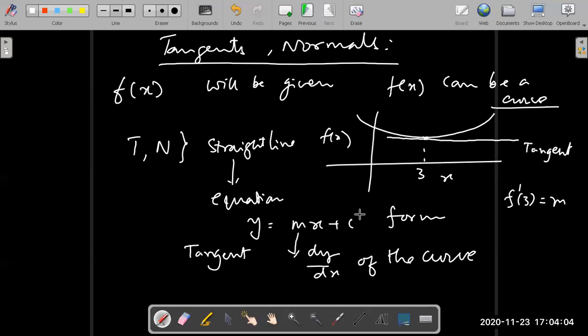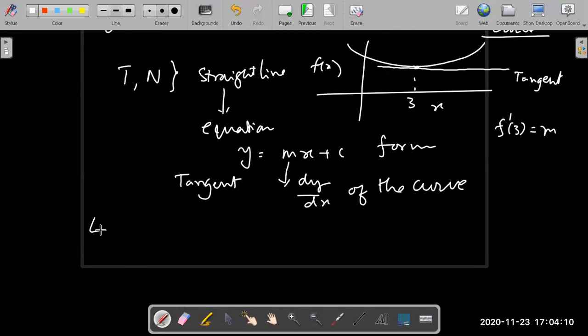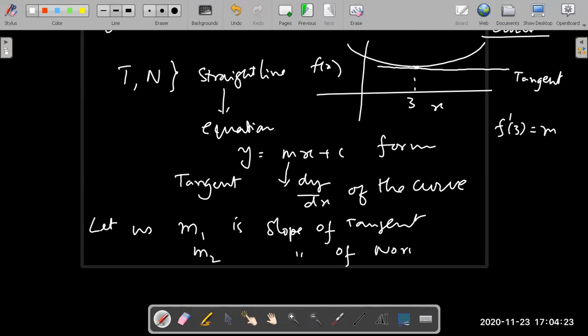That is the important thing. Let us suppose we already found the tangent equation, and let's say m1 is the slope of tangent, m2 is the slope of normal. What is normal?